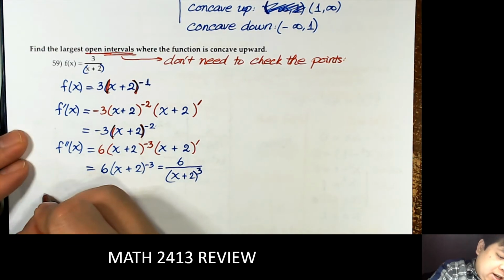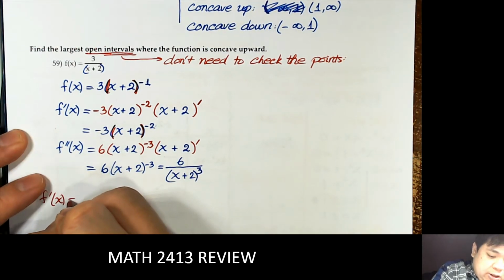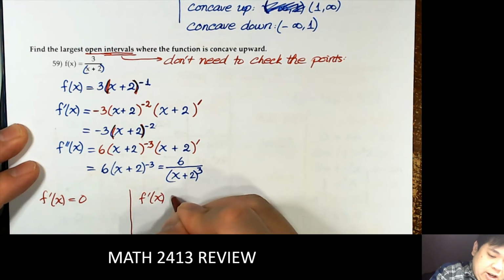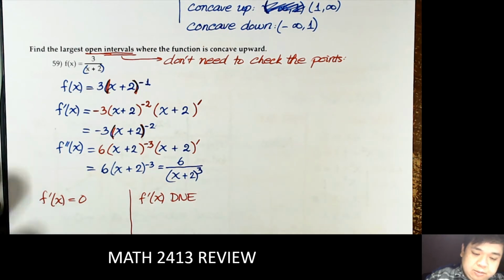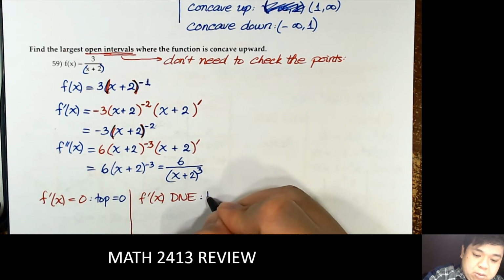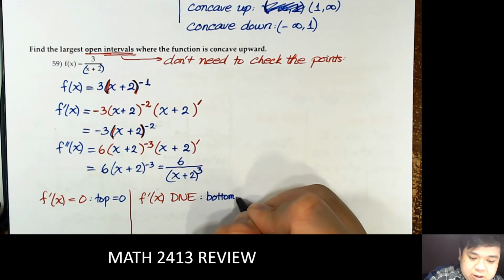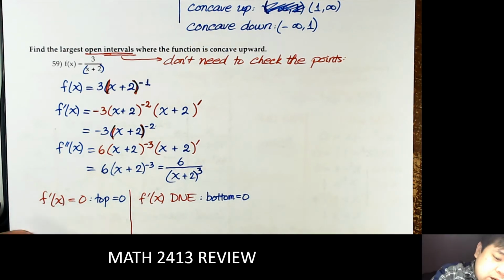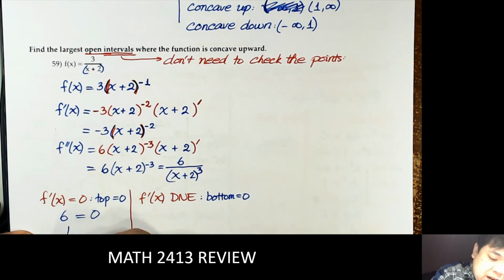After that, derivative equal to 0 or derivative does not exist. Equal to 0 is where the top is 0; does not exist where the bottom is 0. So the top equal to 0, 6 equal to 0, of course doesn't give us anything.